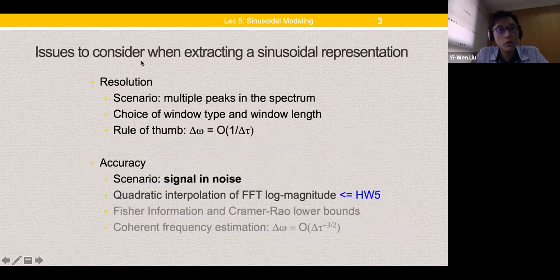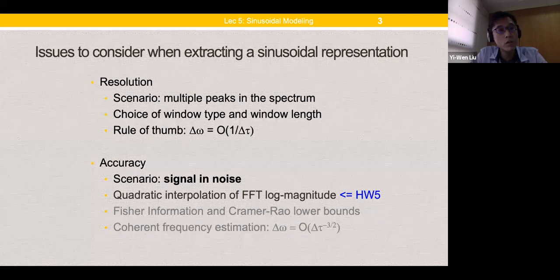I also want to mention that there are a few issues to consider when we talk about identifying where the peaks are in the frequency domain to estimate the sinusoidal frequency and amplitude. There are certain performance limitations, and I would like to raise two issues briefly here.